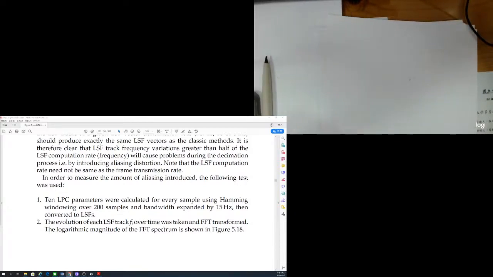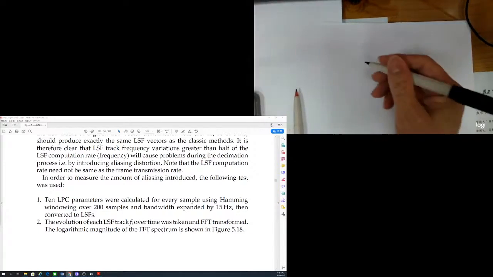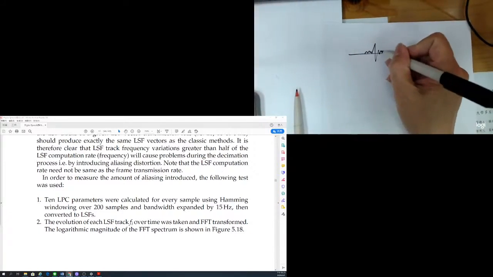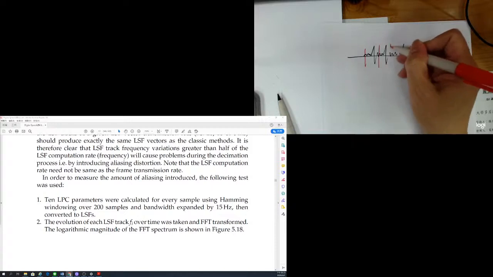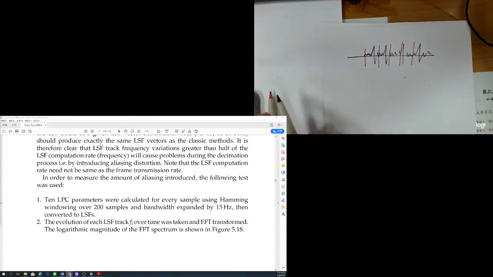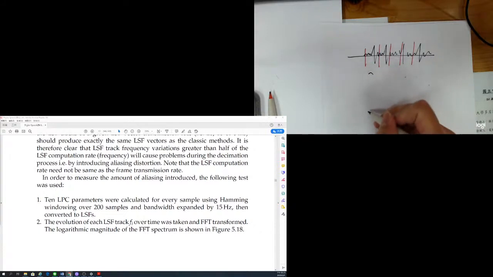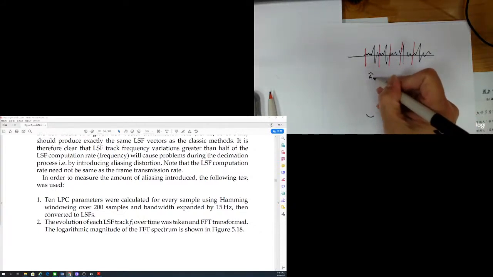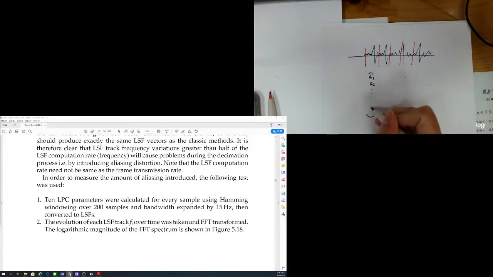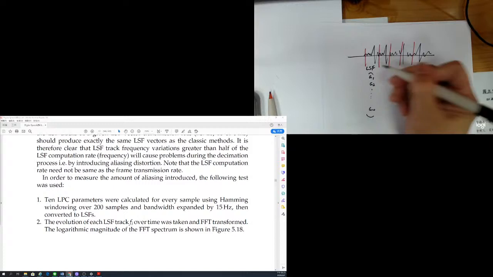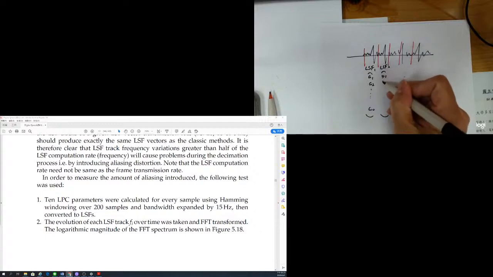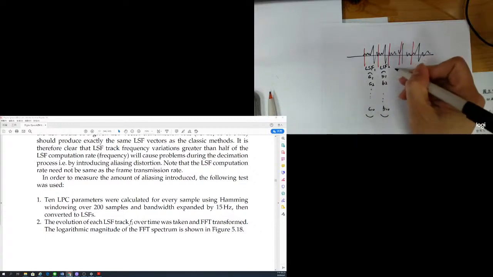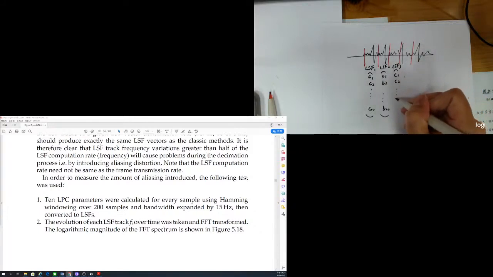What they try to do here, I show you. We have a speech frame. We partition many speech frames. We do the Hamming window, and then we get line spectrum coefficients. So this one could be A1, A2, up to A10, line spectrum frequency 1. This one is B1, B2, up to B10, line spectrum frequency 2. Line spectrum frequency 3 has C1, C2, and C10.